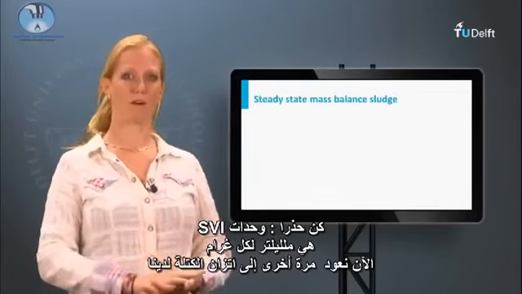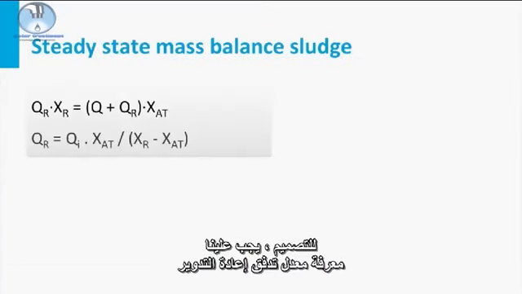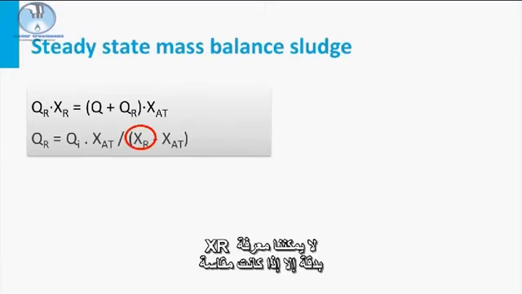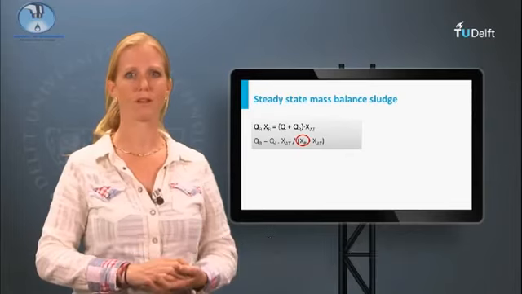Now back to our mass balance of the aeration tank. For the design, we should know the recycle flow rate. The big unknown to solve this equation is the sludge concentration of the recycle flow, XR. We cannot know the precise XR unless we would measure it. Often return sludge concentrations from secondary clarifiers are between 4 and 12 grams per liter.